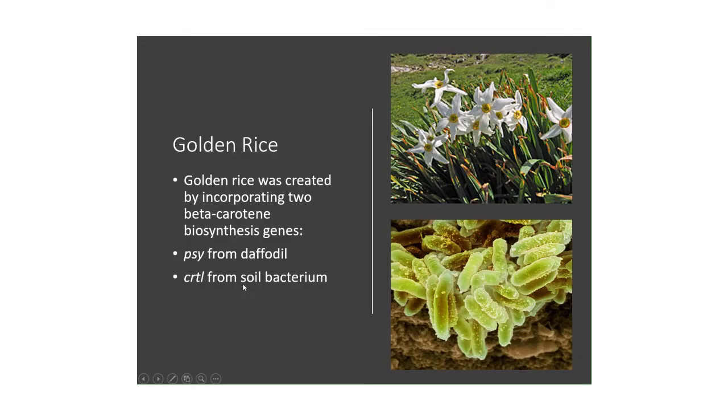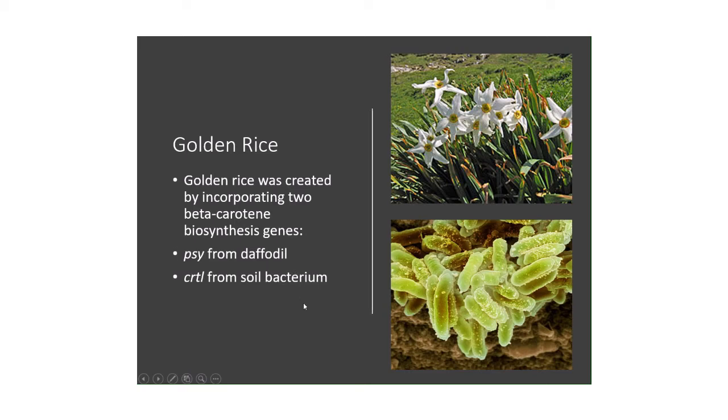Beta carotene is not something that rice normally makes, so in order for the rice to make it, you need to insert genes from other sources. Golden rice was created by incorporating two beta carotene biosynthesis genes, which allow the biosynthesis of beta carotene in the rice. There was the PSY gene from daffodils, the flowers, as well as another gene called CRT1 from a type of soil bacterium.